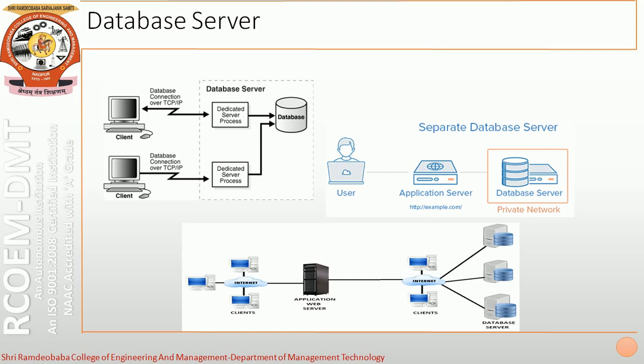So the user connects to the application server, and the application server has to connect to the database server. So we have the client, the application web server, and then the database server.